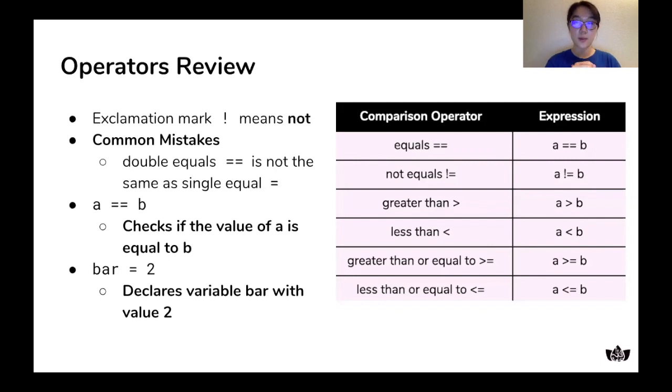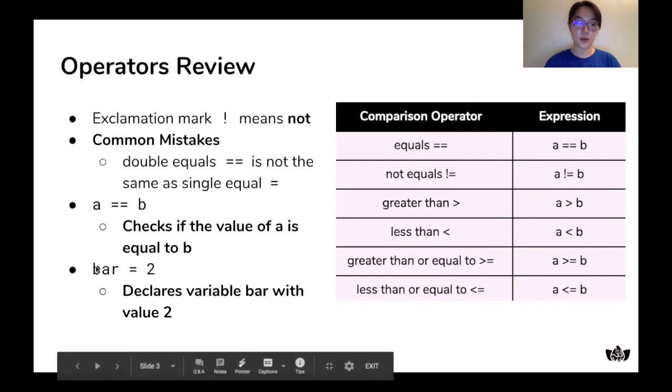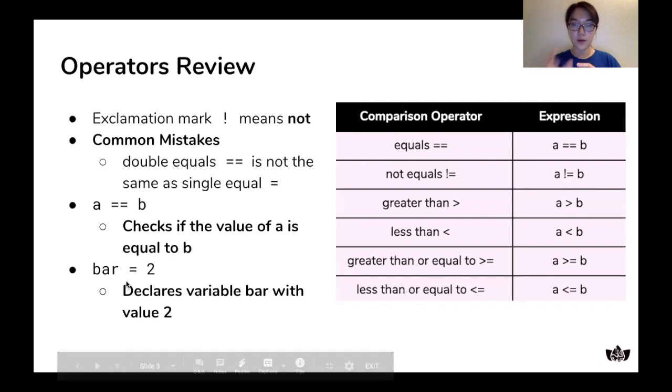So keep in mind, floats and integers are comparable, and make sure that we're using double equals in a way that is comparing equality of two variables. But when we use single equals, like how we declare a variable, we're just assigning a value to a variable. And so that is just separating the two different cases that we may get with equals.